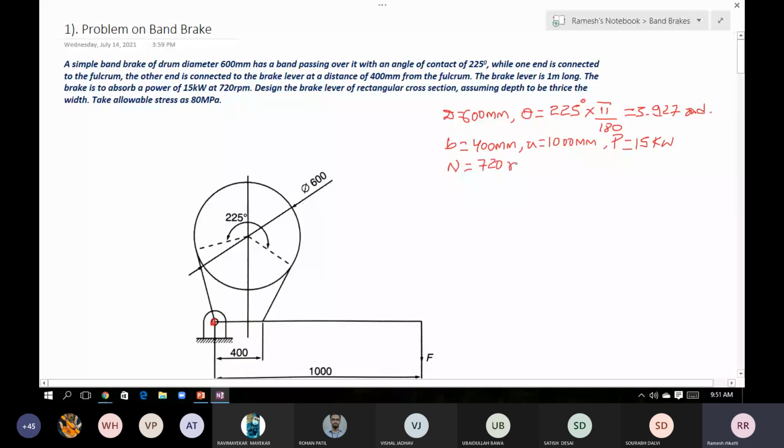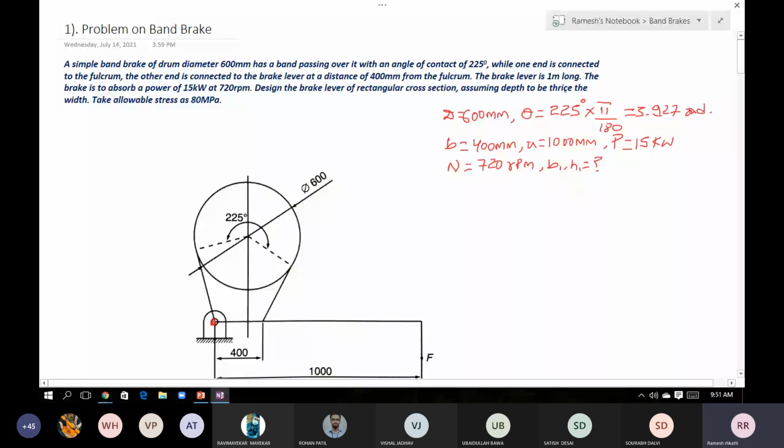Design the brake lever of rectangular cross section. Means you need to find out, I will write it as b1 and h1. You need to calculate. That is, design the brake lever b1 h1, assuming the depth to be thrice the width.